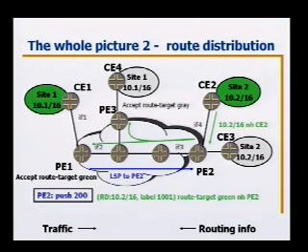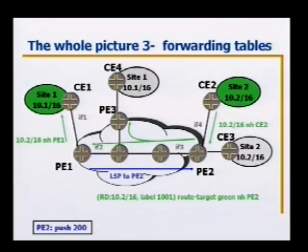So he's just going to drop this advertisement and not do anything with it. PE1 is going to receive the same advertisement. He's going to accept it because he knows he has a site of customer green behind it, and advertise this route towards the CE attached to this site. So let's take a look at what forwarding tables get created and where.